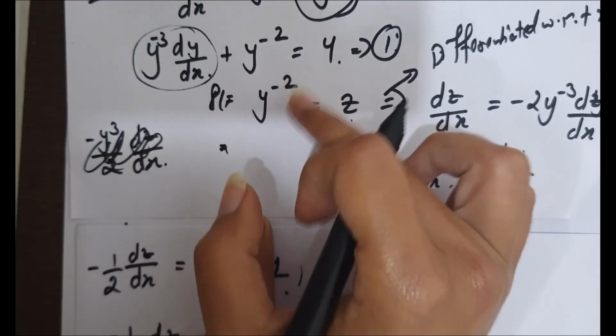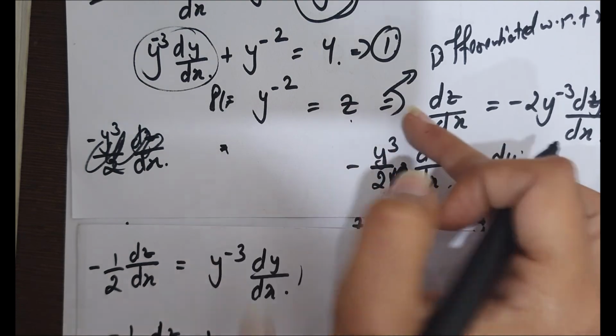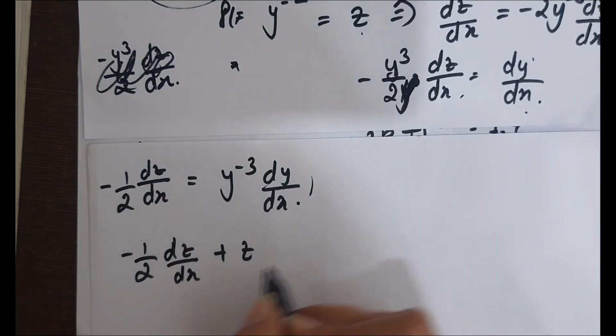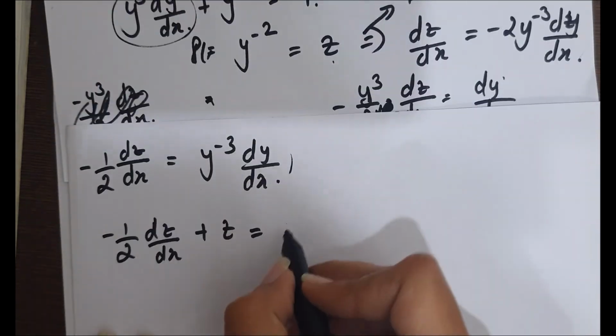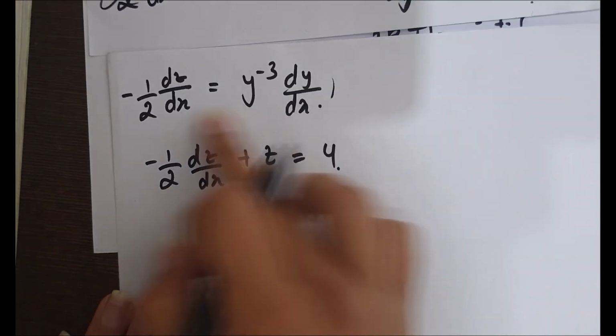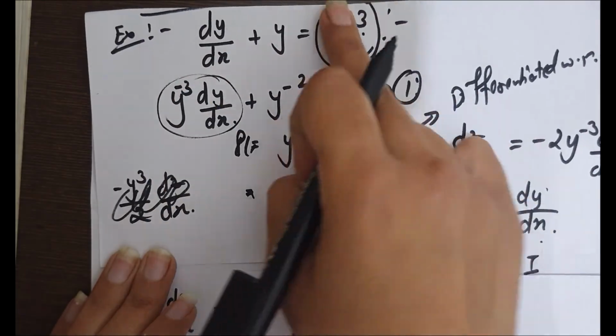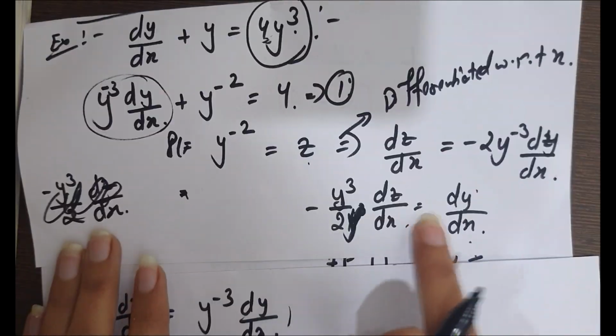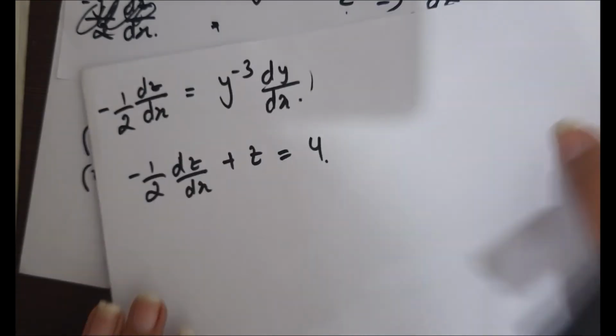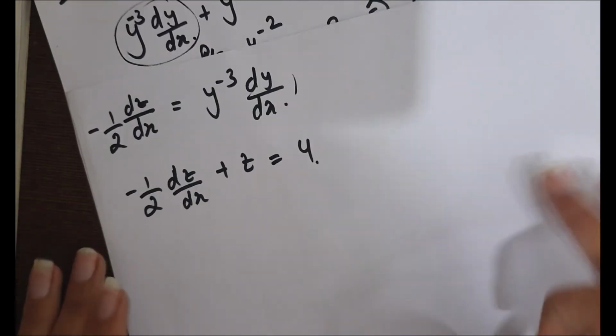Now y raised to 1 minus 2 is equal to z. So we put z in place of this, plus 4. This is the standard form of a linear equation. You can see the Bernoulli equation, using the substitution method, is converted into a linear equation. Now solve it.